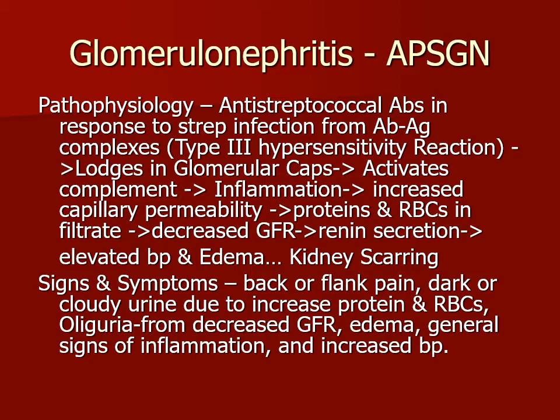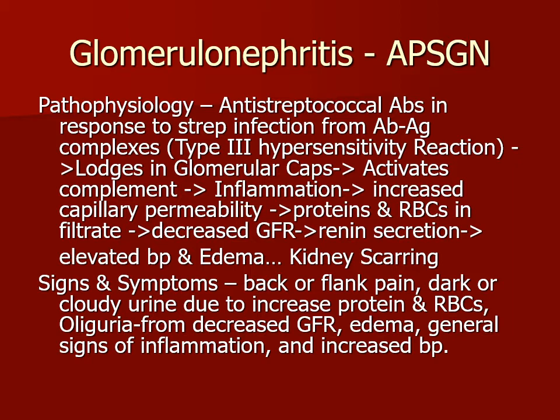One of the processes caused by complement formation is inflammation. That increases capillary permeability, so you get more proteins and red blood cells in the filtrate. That's going to decrease glomerular filtration rate, and it reduces renin secretion. You get elevated blood pressure, edema, and ultimately kidney scarring.